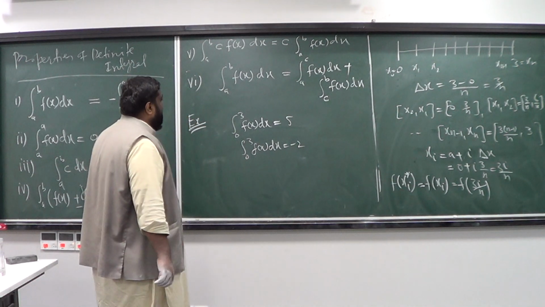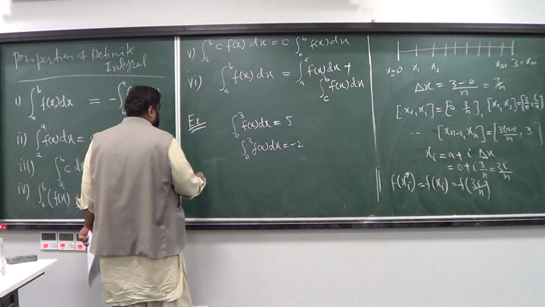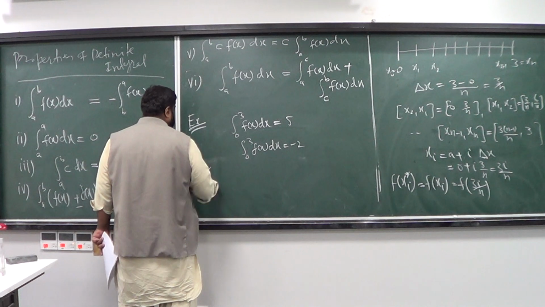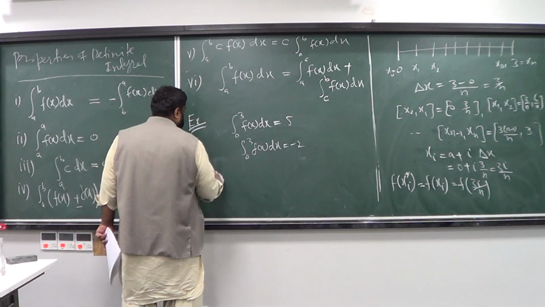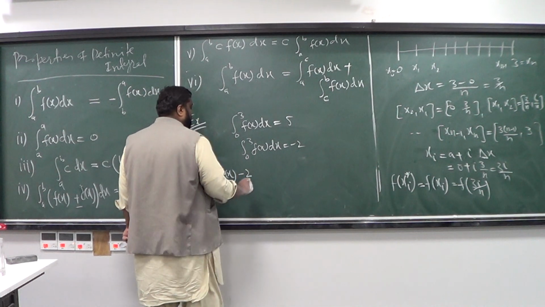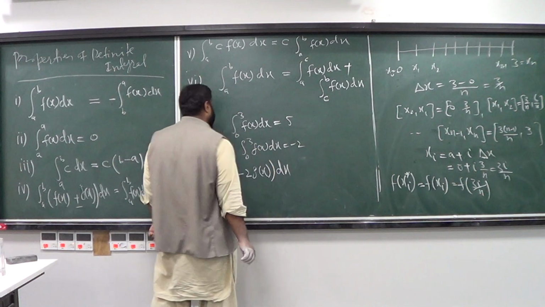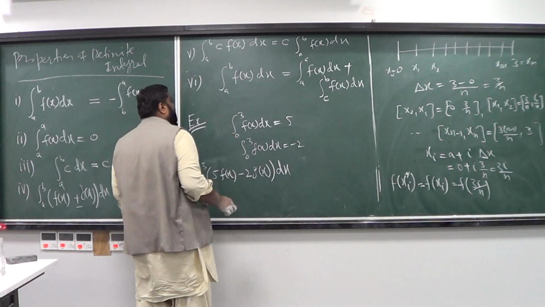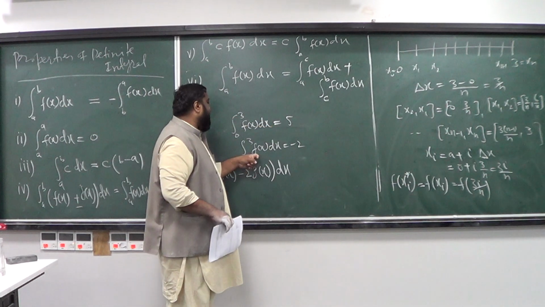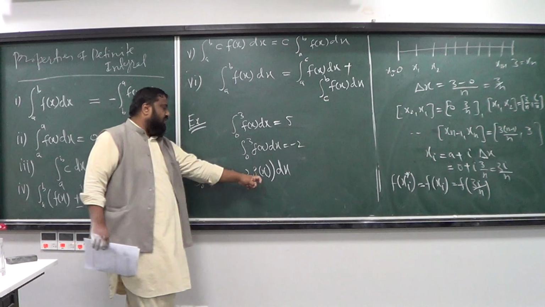Okay? And now I ask you, what is the value of the integral from 0 to 3 of 5 f of x minus 2 times g of x dx? So if you know these two values, that the integral of f of x from 0 to 3 is 5 and the integral of g of x from 0 to 3 is minus 2, then what is the value of this integral?